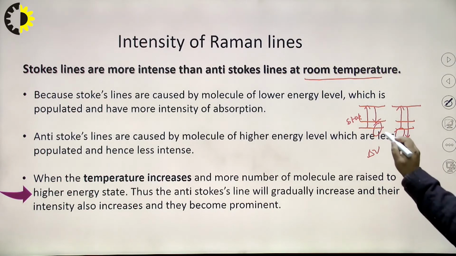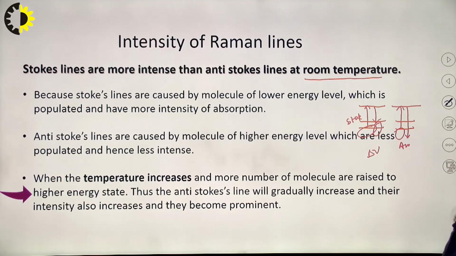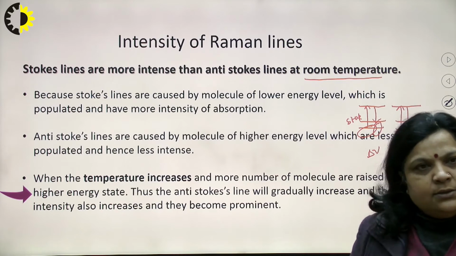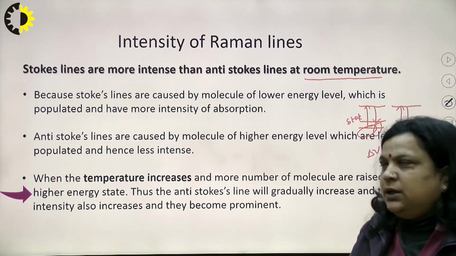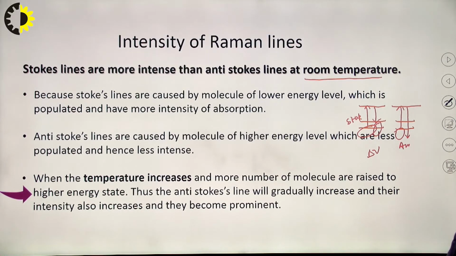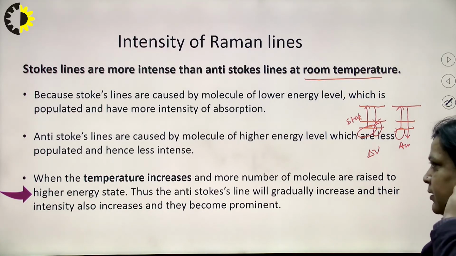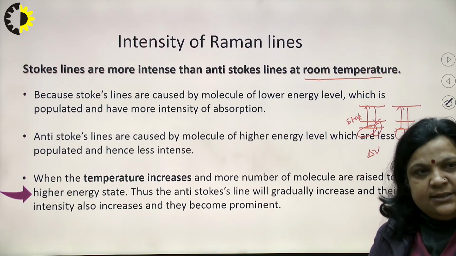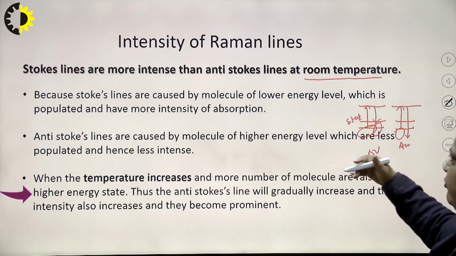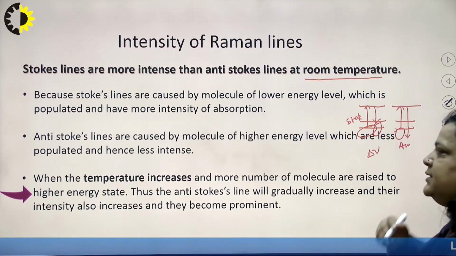So, here we see that Stokes lines start from the ground or lower energy level, which is more populated. So, initially at room temperature, the Stokes lines have more intensity, but on heating, since the kinetic energy increases, more molecules will go from the ground or low to a higher energy level.